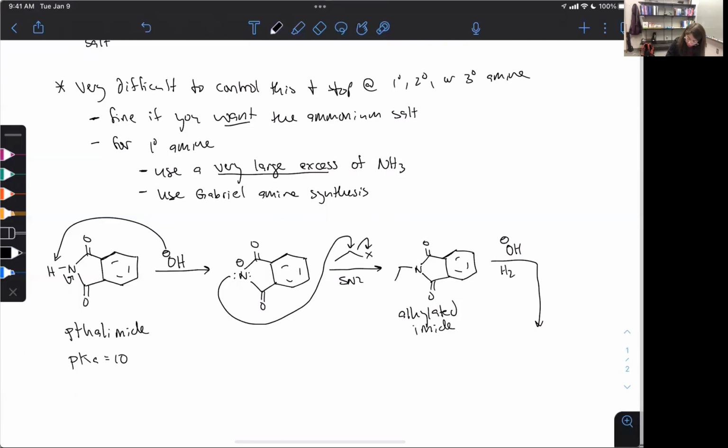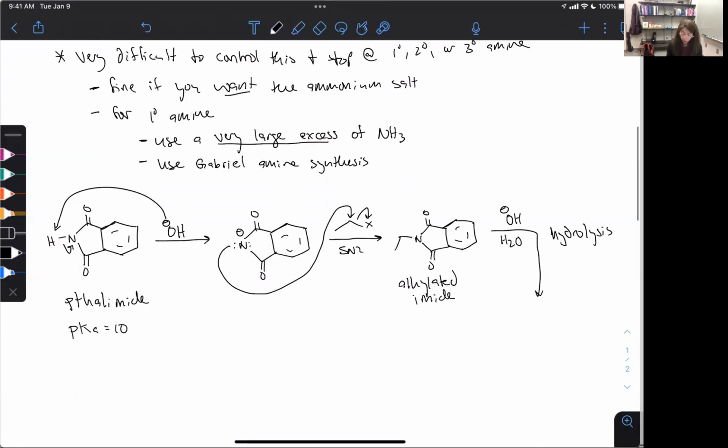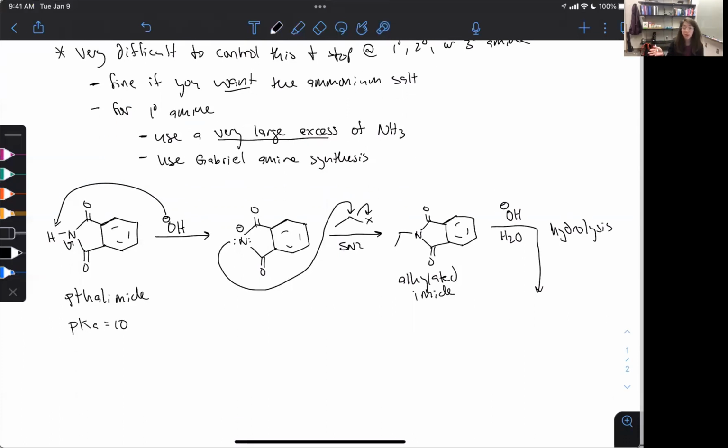basic hydrolysis conditions, okay, and we're specifically using basic in this case so that we get the amine and not the ammonium salt. Because if you use an acid, you will end up protonating your amine in the end, which could be okay, could be what you want. That's very common in a lot of cases.